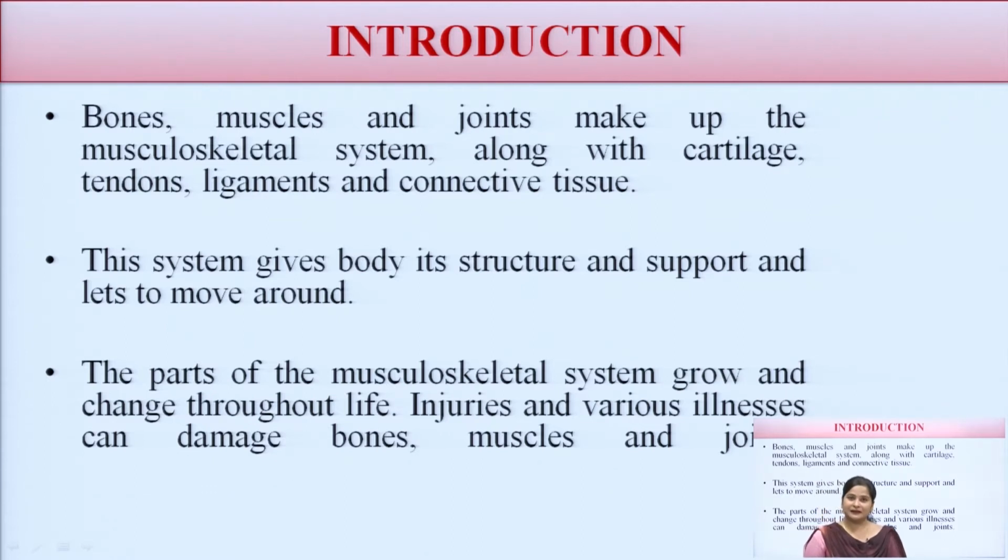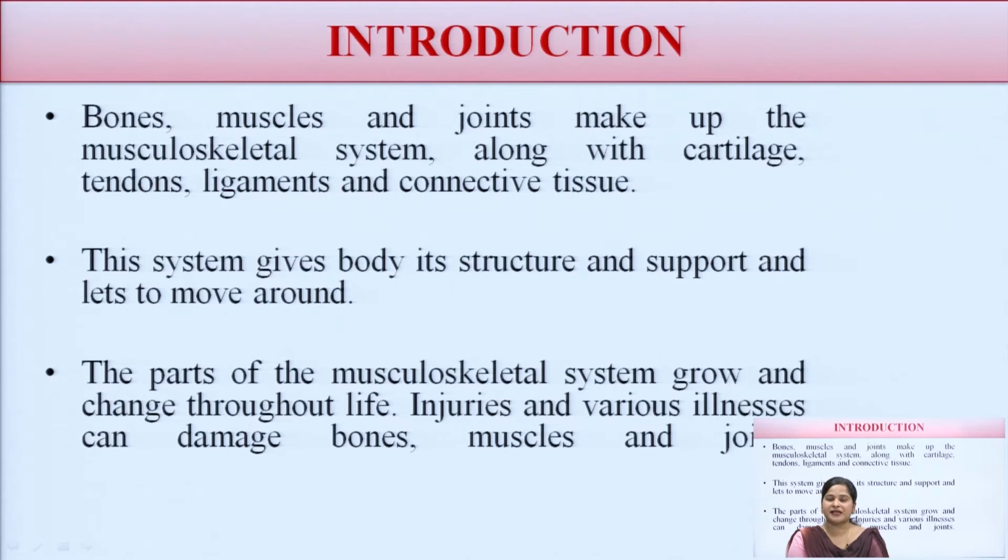Now, osteoporosis basically belongs to the bone disorders, right. Bones, muscles and joints totally form the muscular system, also known as the musculoskeletal system, along with the cartilage, tendons, ligaments and connective tissues.